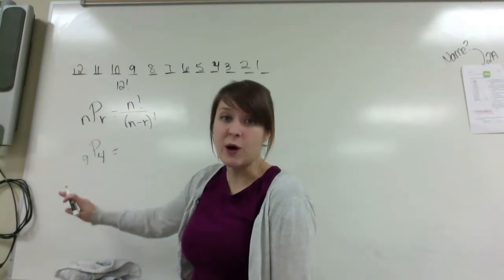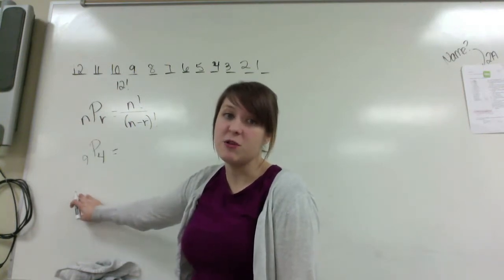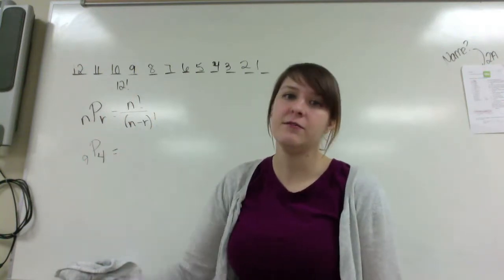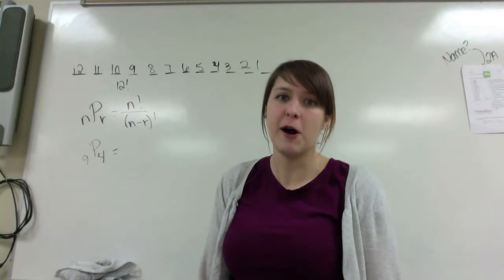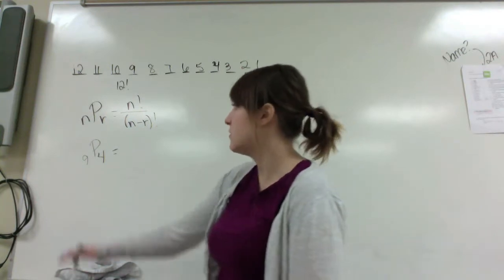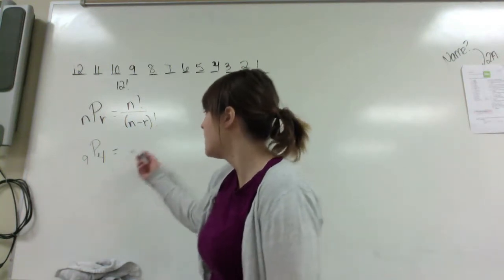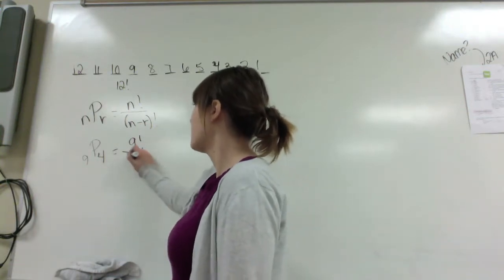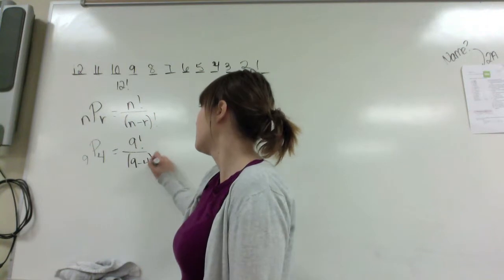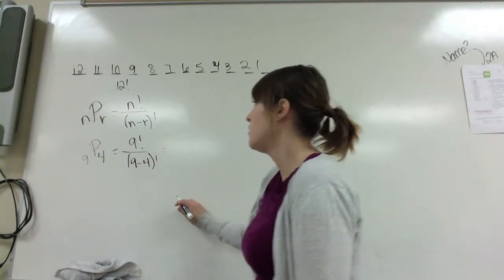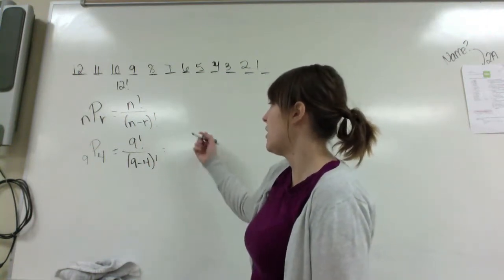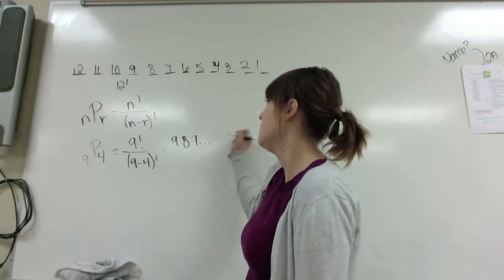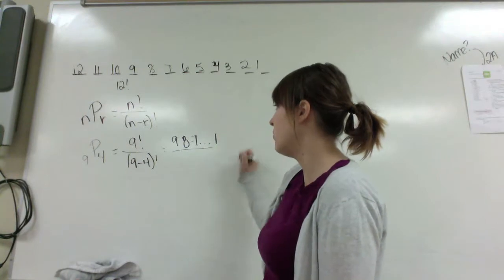You always, always, always know that your n value is going to be the bigger value, because you can't choose like 10 objects from a group of 4 objects. That doesn't make sense. Okay, so this n value is always going to be bigger. So if I plug that into my equation here, I've got 9 factorial over 9 minus 4 factorial, which in that case, I know 9 factorial, that's 9 times 8 times 7, all the way down to 1.